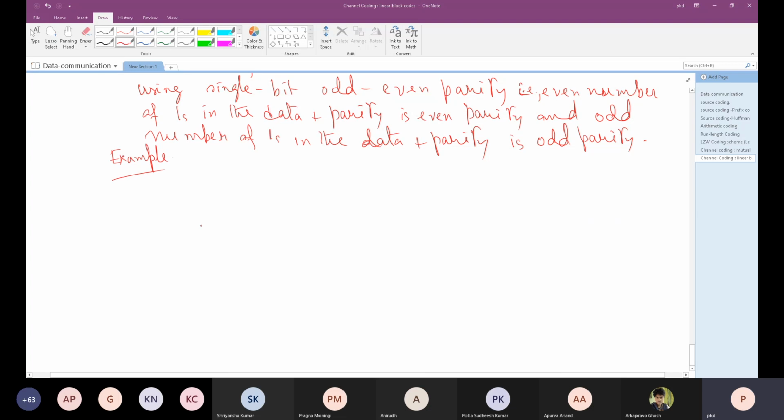Afterwards, Hamming, of course, made it theoretically sound with the multi-bit parity concept, and then error correction capability was also enhanced, because this single parity bit code does not have error correction capability.